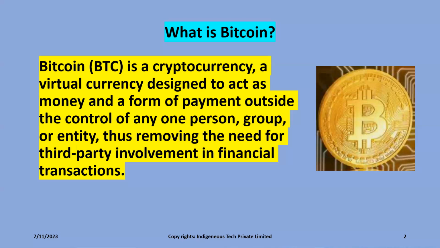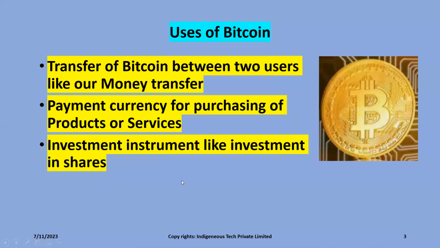And the main advantage of this Bitcoin is there is no control of this Bitcoin by any bank or any government or any third party involvement. It is totally generated, dispersed, controlled, and its transactions are maintained by means of computer software. So that is Bitcoin. Now, what are the uses of this Bitcoin?